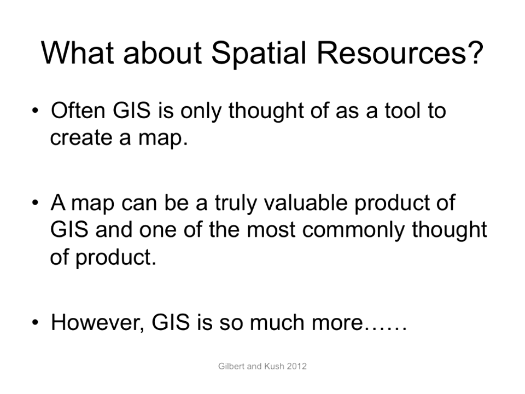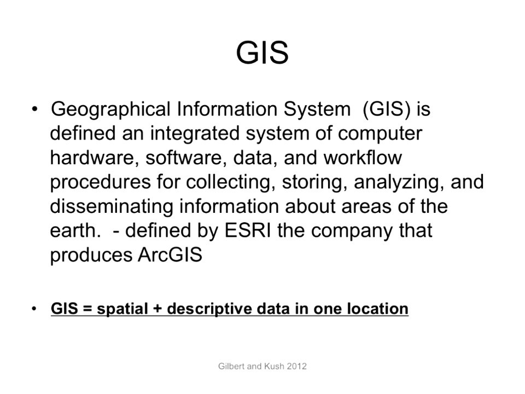So what about spatial resources? As we talked about, often GIS is only thought of as a tool to make a map, and that is a truly valuable product of GIS, and one of the most commonly thought of products. We're going to concentrate today on maps and talk quite a bit, but I want you to take GIS a little bit farther.